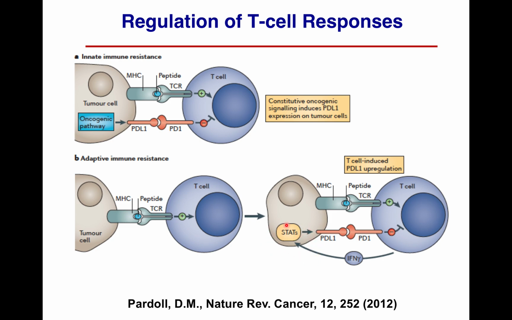And so they go through this signal transduction pathway, and they produce PD-L1 on their surface. So the ones that are constitutively oncogenic active produce PD-L1, and then their tumor cells can respond. If they're not expressing PD-L1 very much, they can respond by responding to the interferon gamma that the T cell is producing.